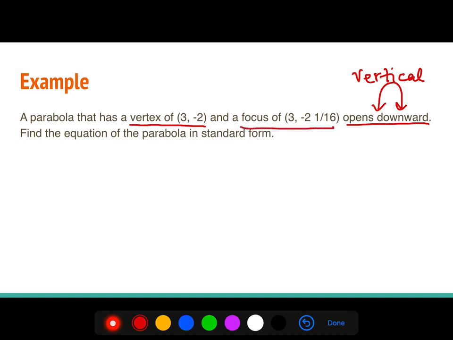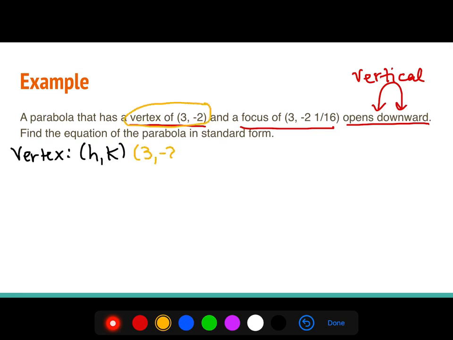Since I know that he opens downward, it's the first clue they gave me. It means he's going to be an upside down U. I know that this is going to be the vertical formulas. I also know our vertex and our focus. So I'm going to start with my vertical formulas.